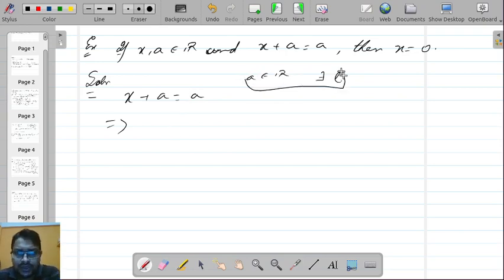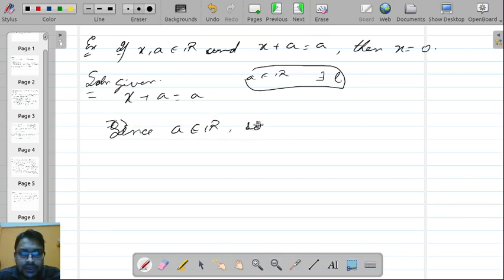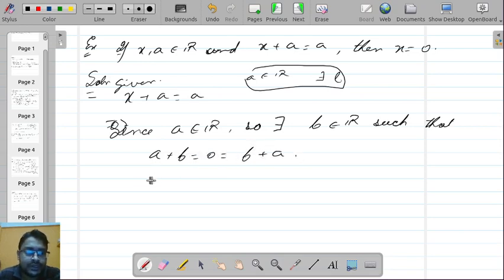Okay, so let us do it that way only. So since A belongs to R, there exists an element B inside R such that A plus B equal to 0 equal to B plus A, right?